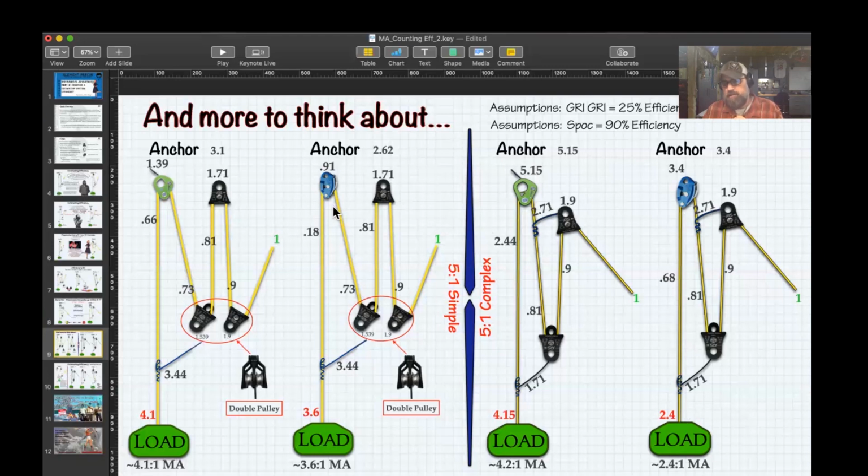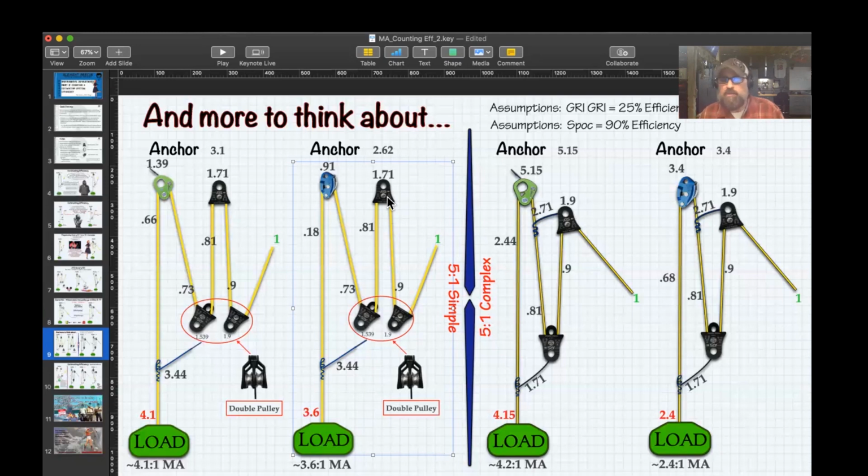Yet over here on my simple, which was a little bit less efficient originally, now it smokes my 5-to-1 complex. So why would that actually happen? You can start theorizing, going, okay, listen, you actually have 2 anchors over here, so maybe it displaces the weight differently in there, but we really can't quantify that. It probably maybe plays a role.